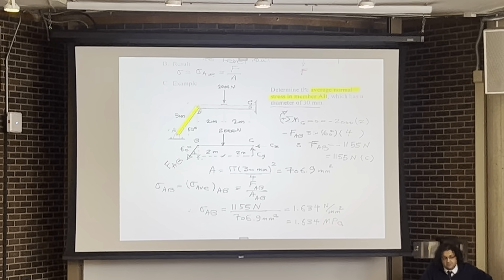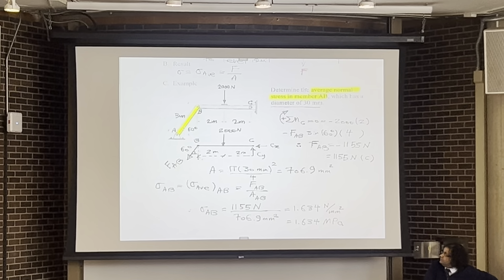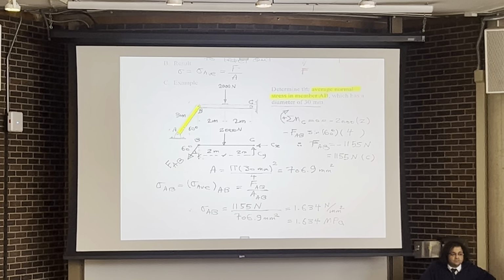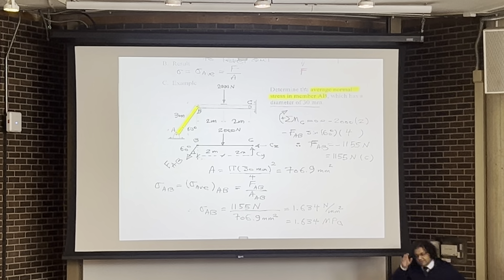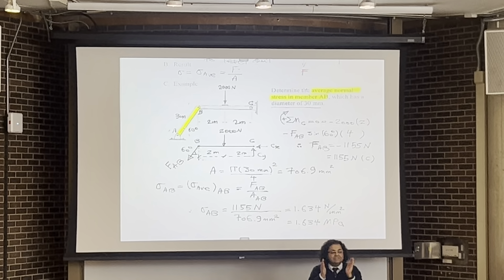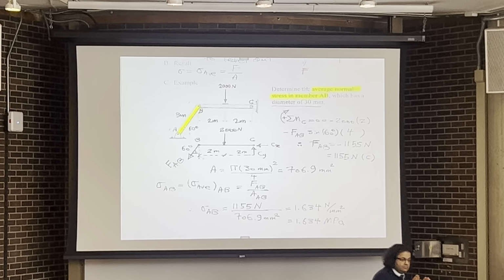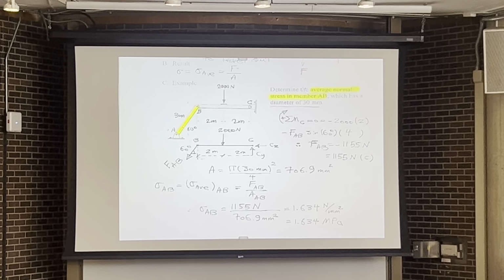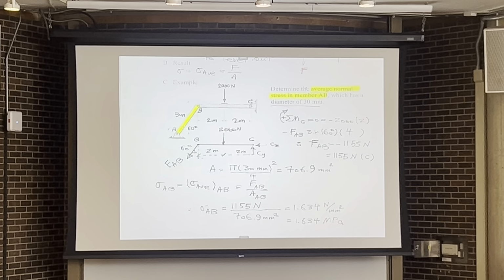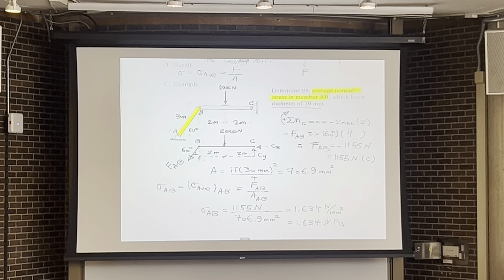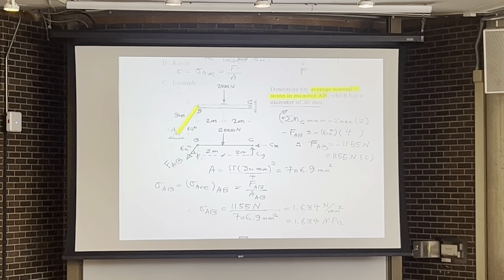Yes. Well, member AB, in the bottom left, how do you say that? It's a good question. This is actually a statics question, but this is the answer. Whenever a force is pulling an object, it is tension. Whenever a force is pushing an object, it is compression.